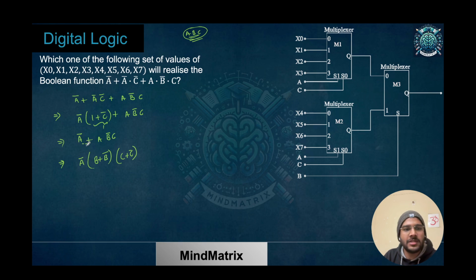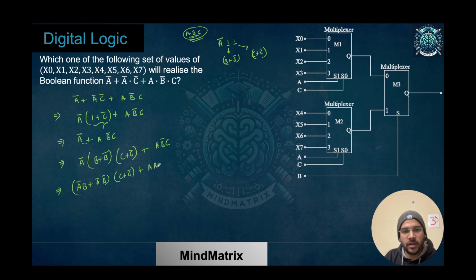Because here B and C are missing, as I have, let's say, A complement. Here B and C are missing, so that means it is nothing but 1, and 1 I can write as B or B complement. Similarly, this I can write as C or C complement, right? And here it is A B complement C. So what do I get? I will be getting A complement B or A complement B complement, and here it is C or C complement.